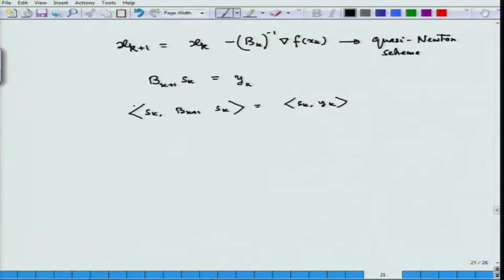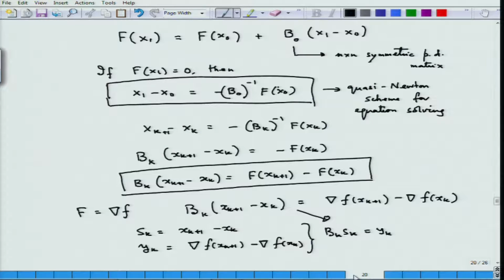But now this is strictly bigger than 0, because this is PD. So, in general we will always assume B naught to be PD, because that will help us, but even if you had not assumed PD, you could have still replaced the gradient by some Hessian, by some matrix, and could have got this equation. But we will just continue that we are only taking symmetric PD matrices, all these Bk's are symmetric PD matrices.